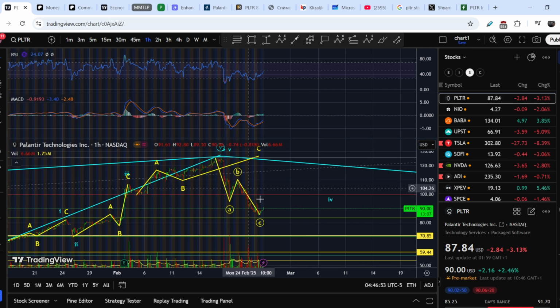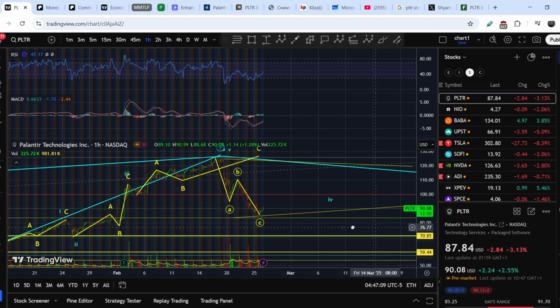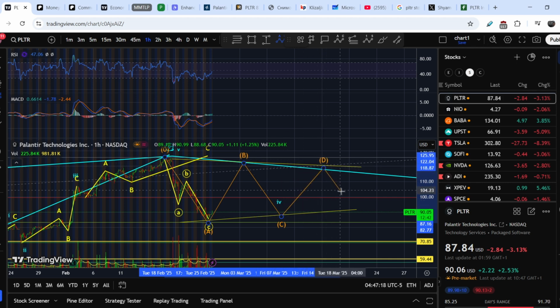On top of that, guys, we might have a set of ABCs in the shape of a triangle. And in this case, potentially we might have something like this. This might be the lowest point, and we might have the range of resistance from the top of the price section. And inside this formation, we might have something like this. This might be our A wave, B wave, C wave, D wave, and E wave.